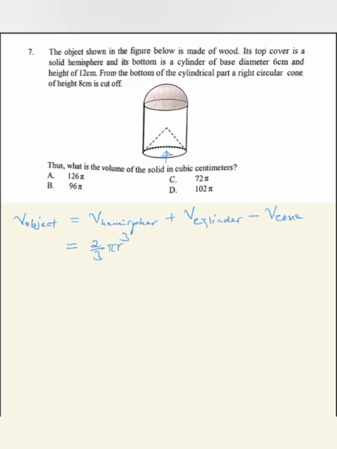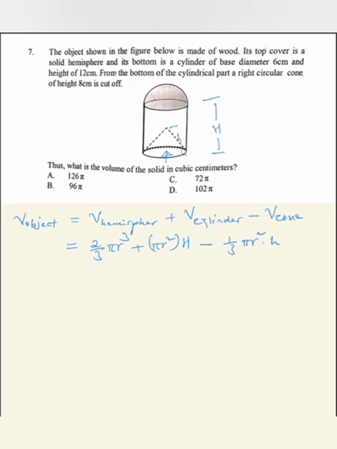Hemisphere ማለት half of a sphere ስለሆነ. Plus the volume of the cylinder will be base area times height. So the base area is pi r square and the height is capital H. Okay, capital H is the height of the cylinder. Minus the volume of the cone will be 1/3 of pi r square times small h, where this small h is the height of the cone.